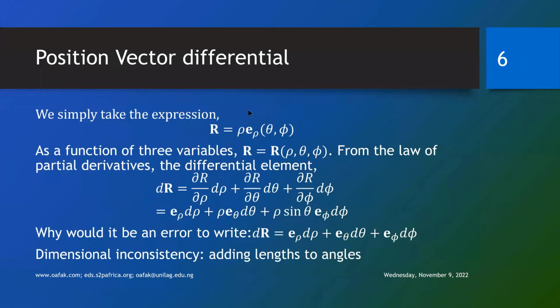You follow this logic where you know that you can differentiate with respect to the three variables, and then that the length differential is this quantity, whatever you get from here. So it is not guesswork. It's not something that we just do to get.